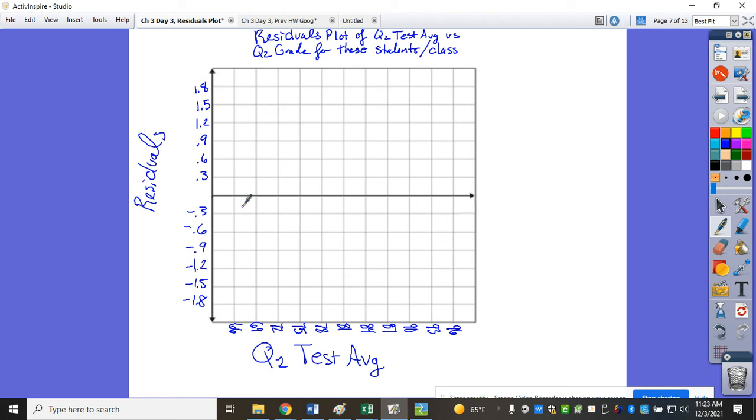And I'm using what I drew earlier, so I'm hoping I'm close. I don't have the numbers actually in front of me.